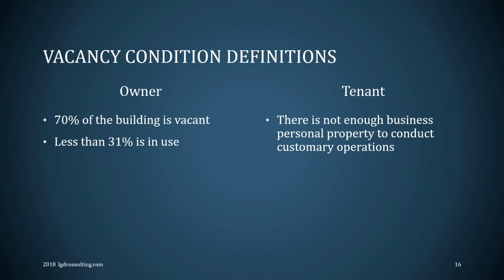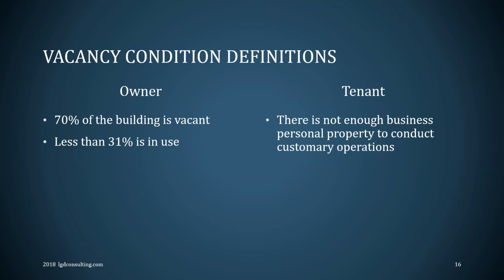And let's say you're leasing this 4,000 square foot space, and all you have is one multifunction fax copier scanner in the corner, and you're running a print shop business. Well, having one multifunction fax copier scanner in the corner of your office space is not enough business personal property to run a printing operation. And so to an insurance company underwriter, we would consider the property vacant. Okay, now remember, that's a tenant. You're leasing space. Okay, you've got to get the two different.